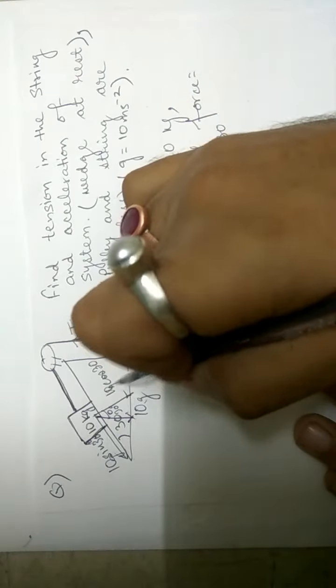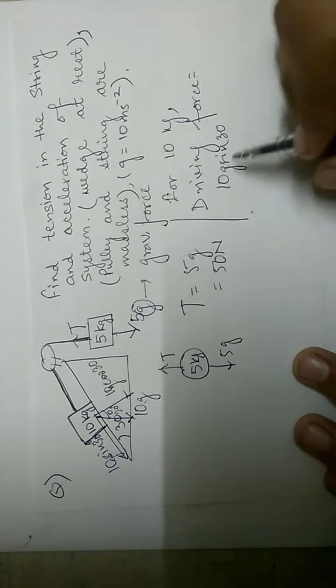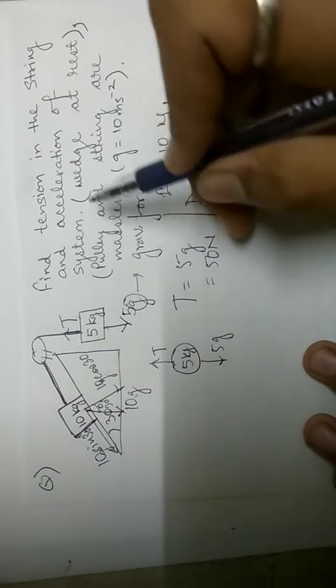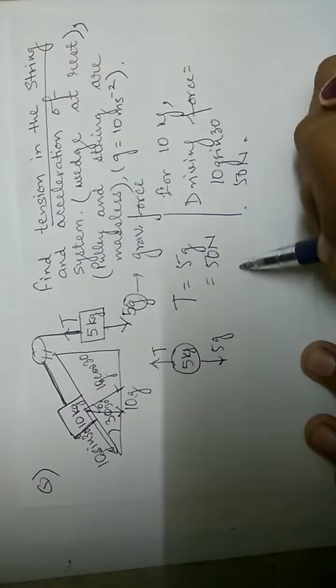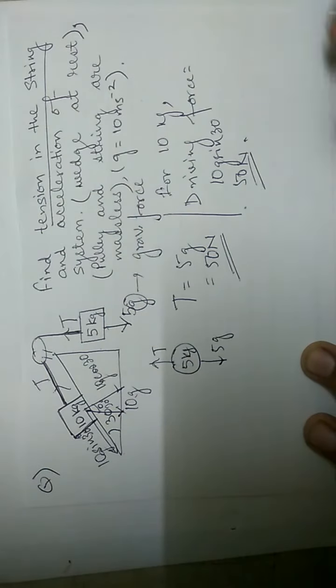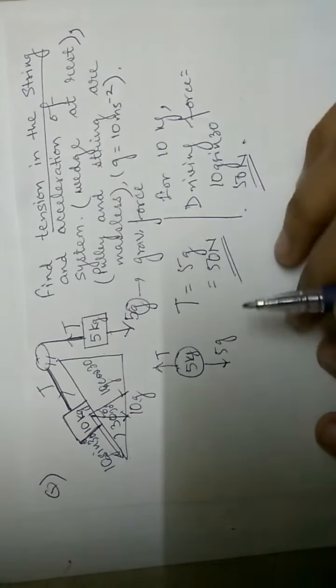And what's g here? Then we get it as 50 Newton again. So it's 50 Newton here, 50 Newton here, right? The tension in the string is 50 Newton because tension is an internal force in the string, and the tension here will be equal to the tension here, and we must note that the tension acts away from the block, right? Now we need to find acceleration.